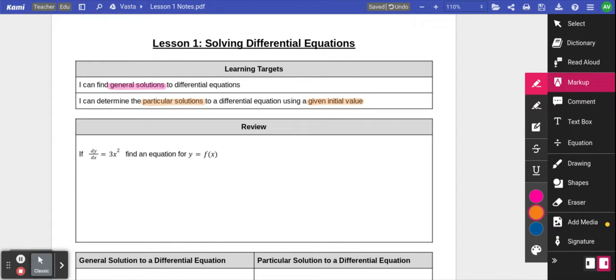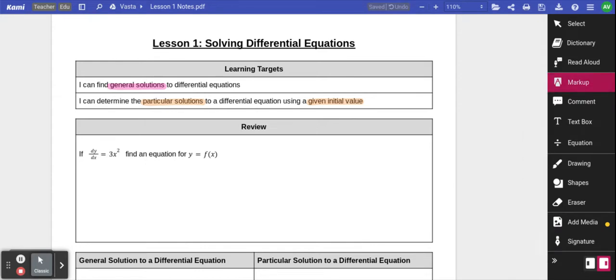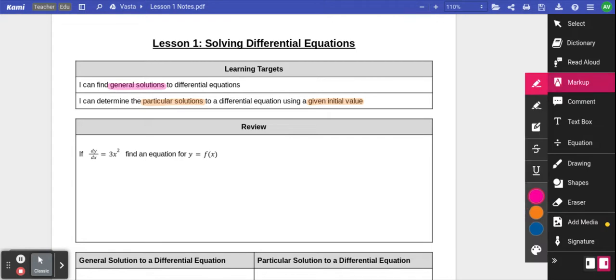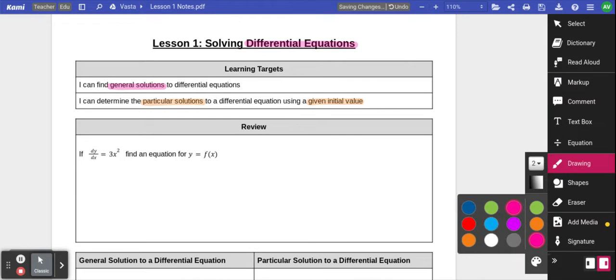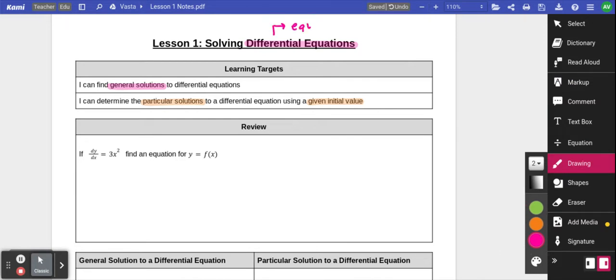Now let's talk about what exactly a differential equation is before we talk about how we would solve one. A differential equation is just the equation of the derivative of a function.